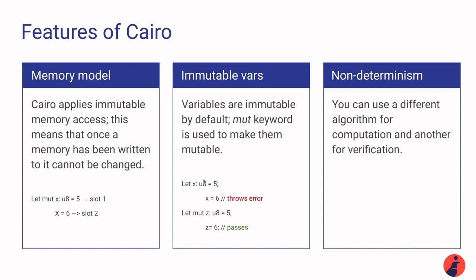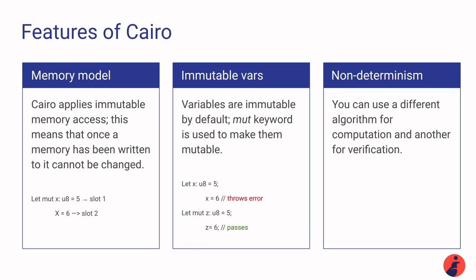A brief example: x is equal to 5 here. Then you do x is equal to 6, it will throw an error because x here is not mutable. But when you have let mut z is equal to 5 here, now when you do z is equal to 6, it can pass because z here is mutable.